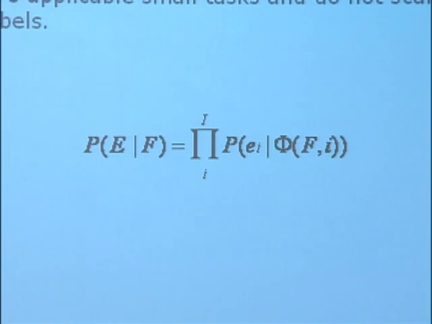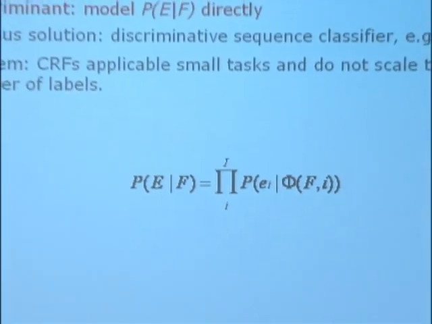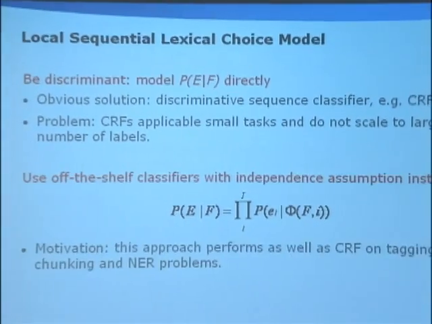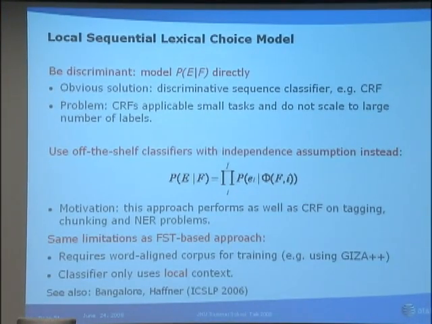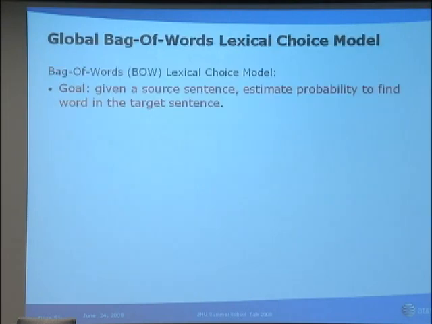So that's the sequence lexical choice model. At each point i in the source sequence, you're trying to predict what should be the best e_i, very similar to other tagging problems and so on. And this can be encoded as FSTs, and all those details are in the papers in the slide.